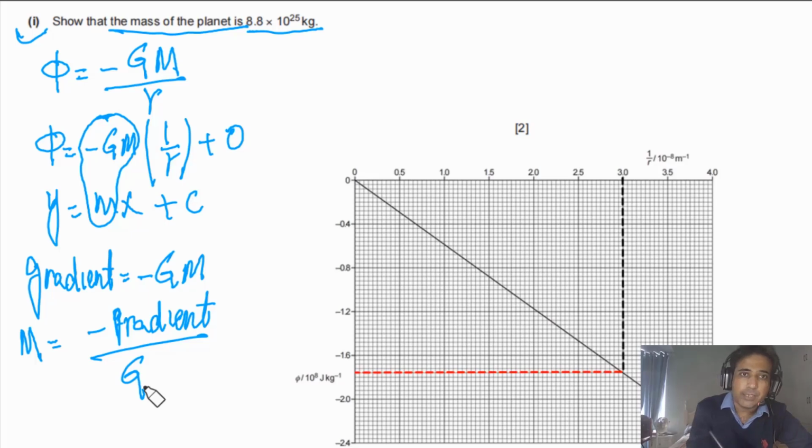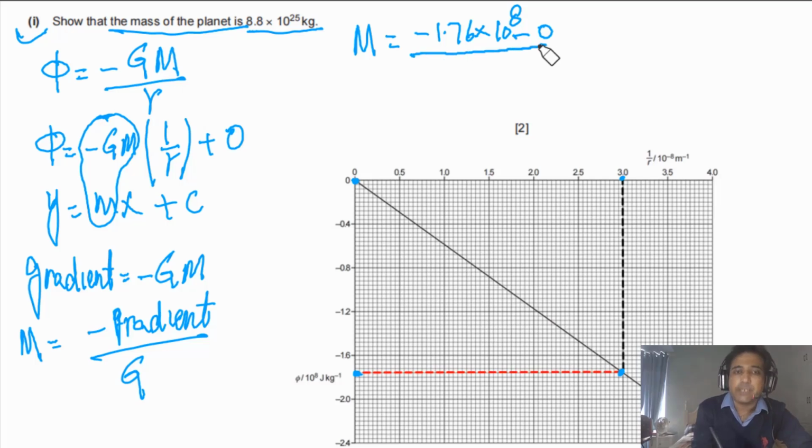Now simply we need to plug in values. We can choose 2 points on this line. Here we have the value of potential, and here we have the value of 1 over r. The value of potential at this point is minus 1.76 times 10 to the 8, minus 0, divided by the value of 1 over r, that is 3.0 times 10 to the minus 8.